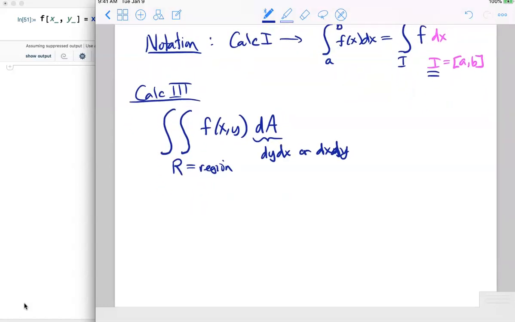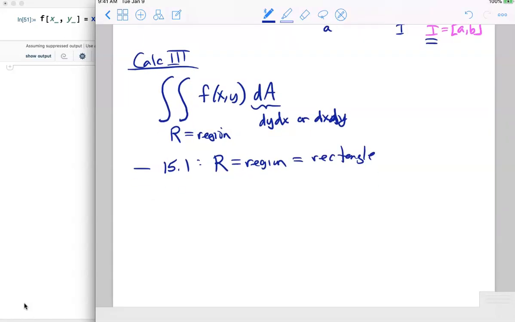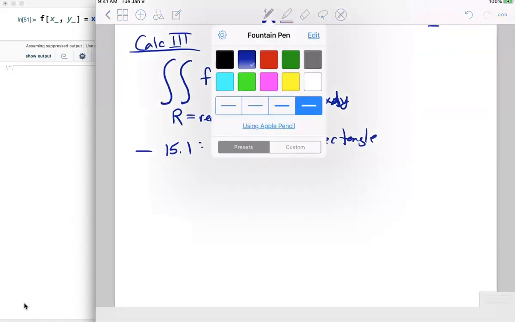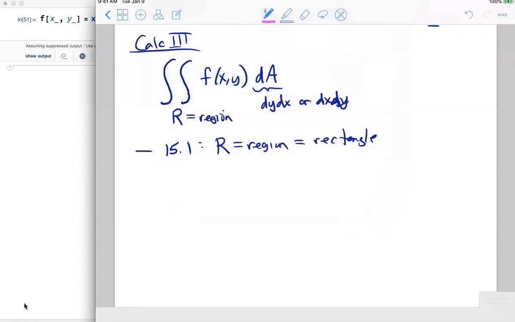So this is the notation, and in section 15.1, we're particularly wanting to focus on regions where the region is a rectangle. Okay. So the picture of this problem is going to look something like this. We have a function given, z is equal to f of x y.